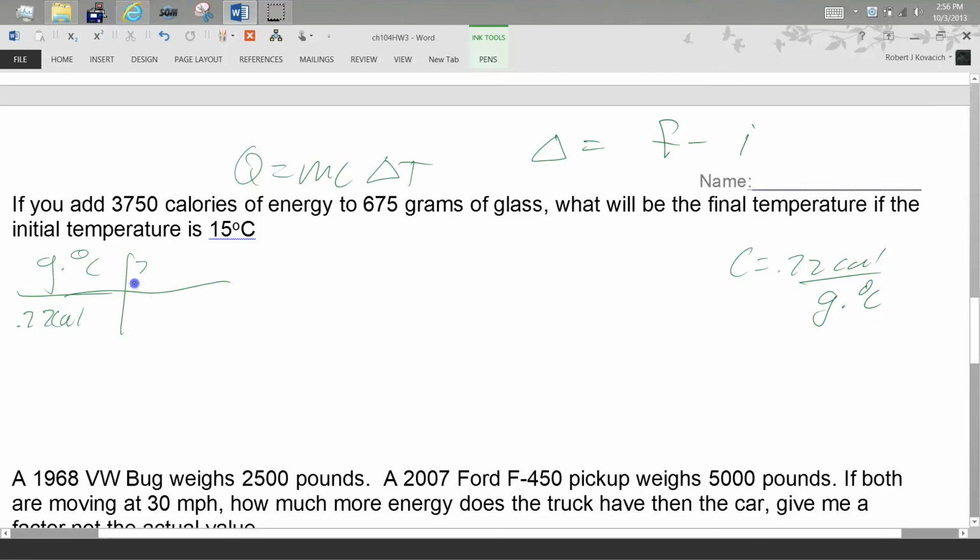So I'm going to put 3750 calories here, and my gram is 675 grams. So the grams cancel there, the calories cancel there, and the only unit I have left is degrees Celsius.